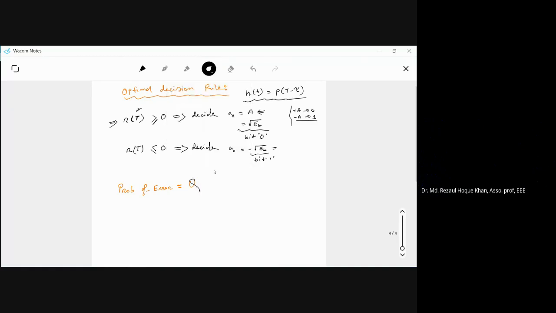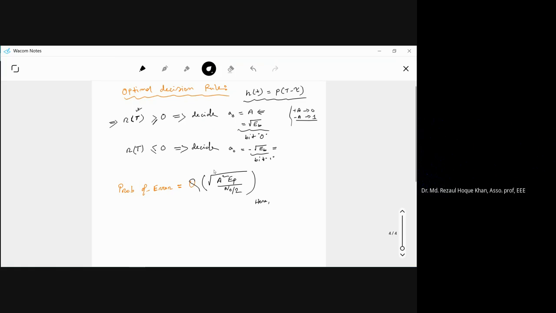That was our general expression, we already found it.